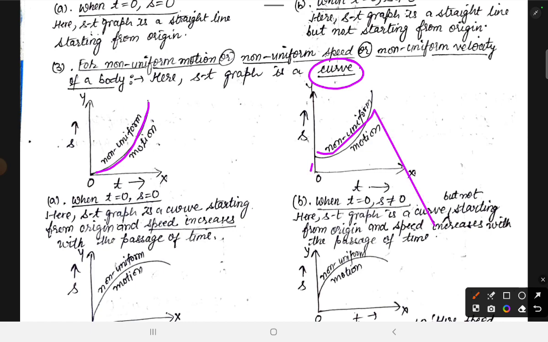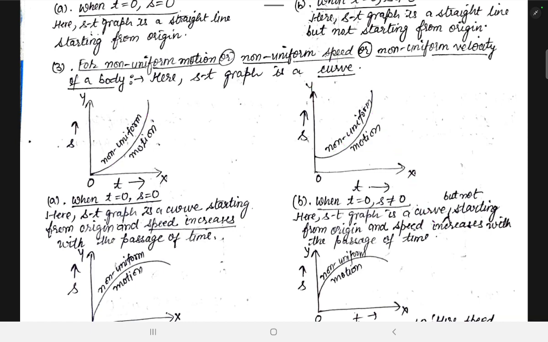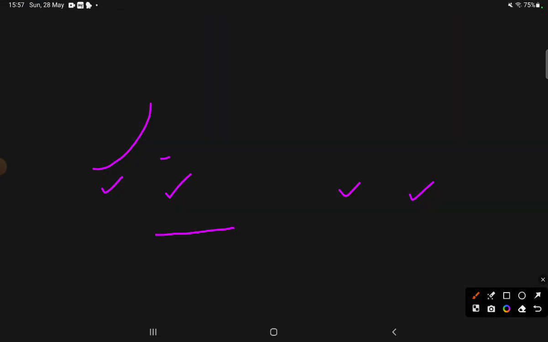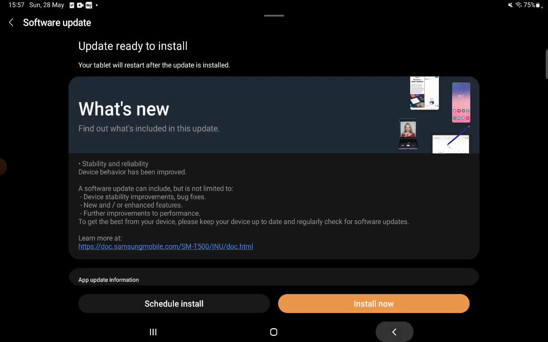Whether a small distance is travelled or not, it will be a small curve like this. In this curve, t equal to 0, time is 0 and distance is also 0. Here time is 0 but distance is not equal to 0. Here the ST graph is a curve starting from the origin and the speed is increasing. When the speed increases, it is moving up.